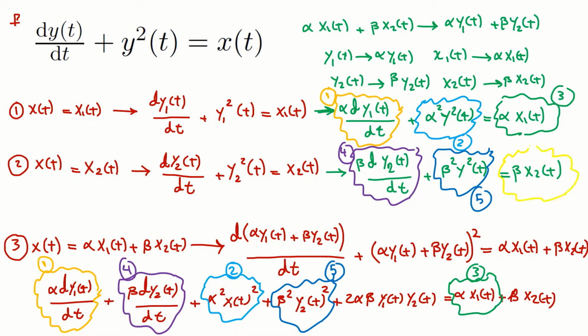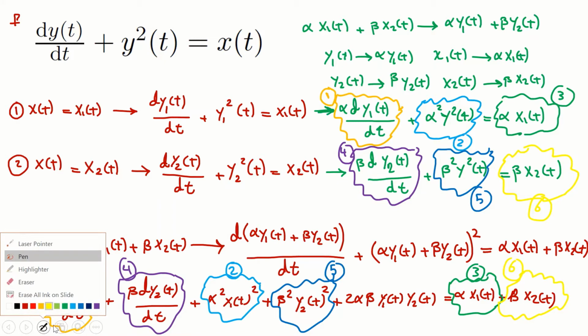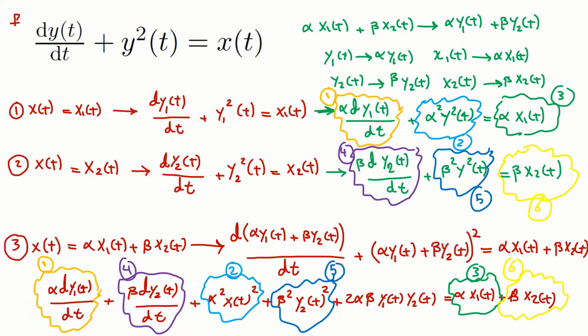For this one, I label it by 6, and it's here. And finally, we have one term left here that we don't have in the linear system. I mean, if the system is linear, we shouldn't have this in the output.